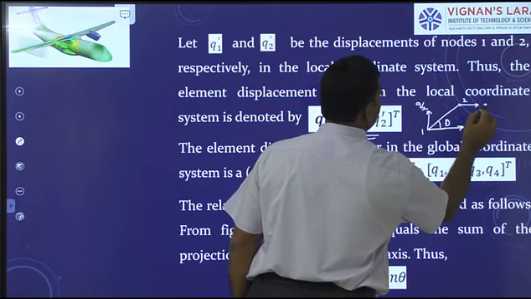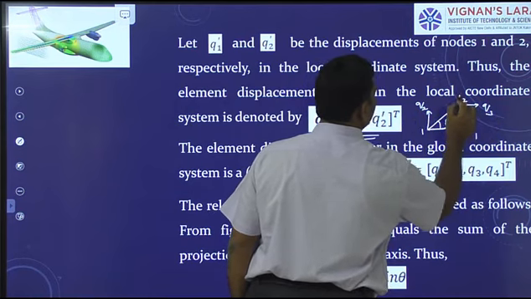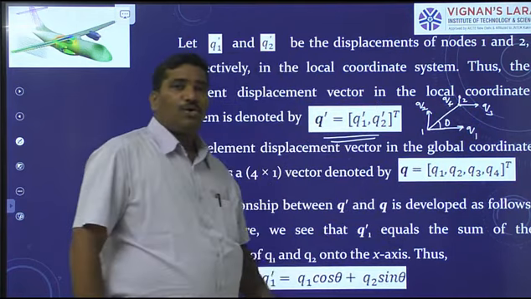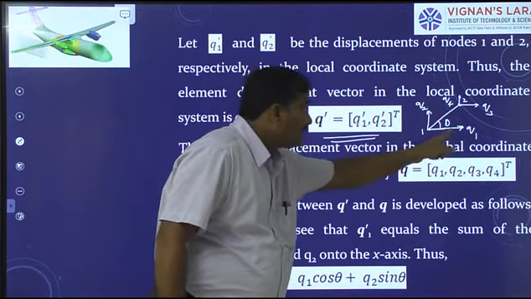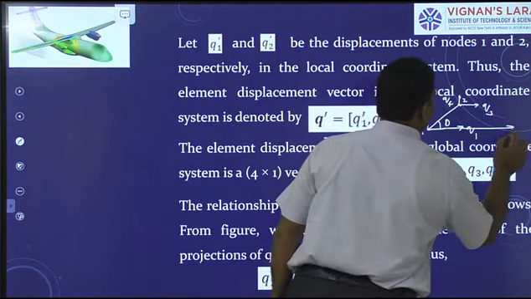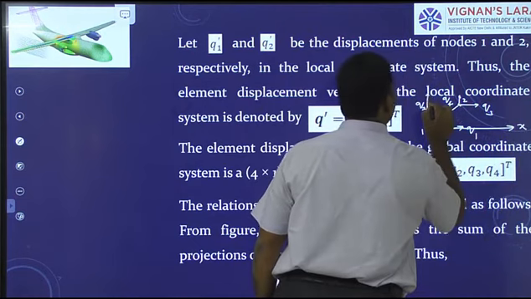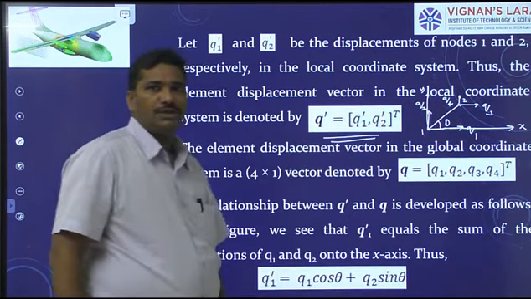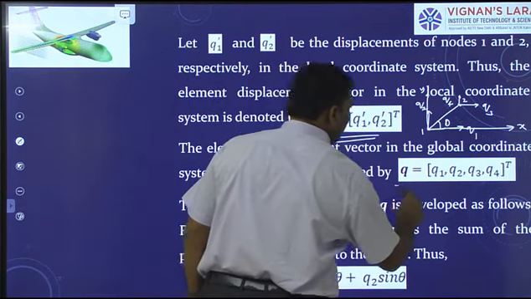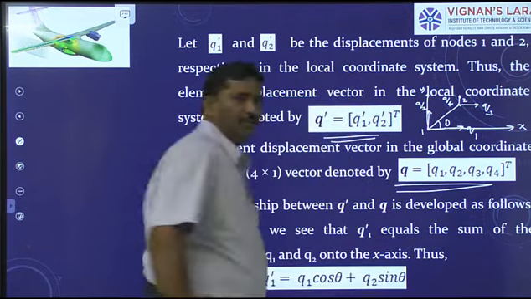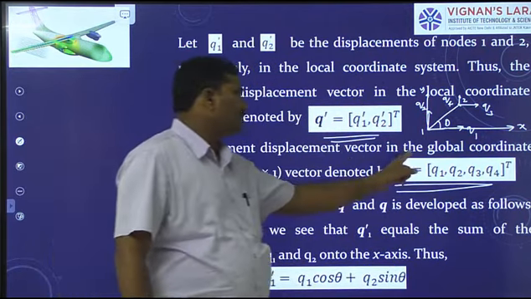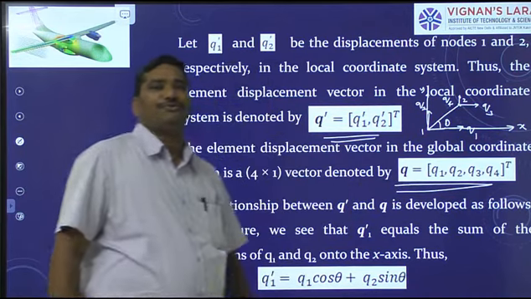At node 2 this is the direction of q3 and this is the direction of q4. These are the nodal displacements defined with respect to global reference frame OXY. Therefore, the element displacement matrix Q is a column matrix having elements Q1, Q2, Q3 and Q4.